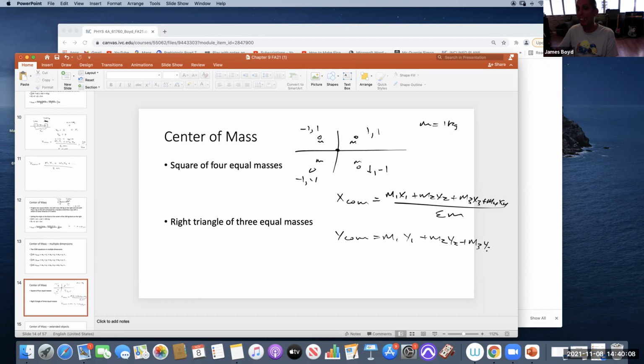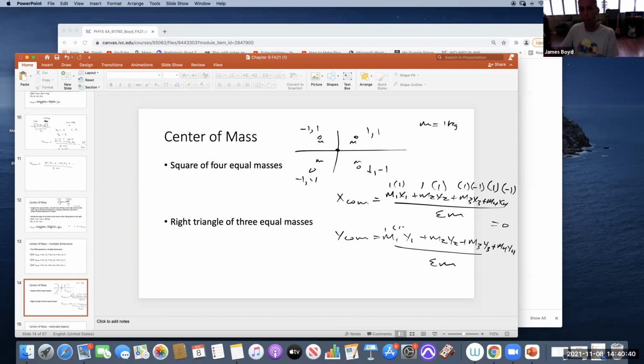And it gets really tedious, but you can do it. Now, m1 is 1, x1 is 1. Let's call this 1, 2, 3, and 4. m2 is 1, x2 is 1, m3 is 1, x3 is -1, and m4 is 1, and x4 is -1. 1 plus 1 minus 1 minus 1 divided by 4 is 0.